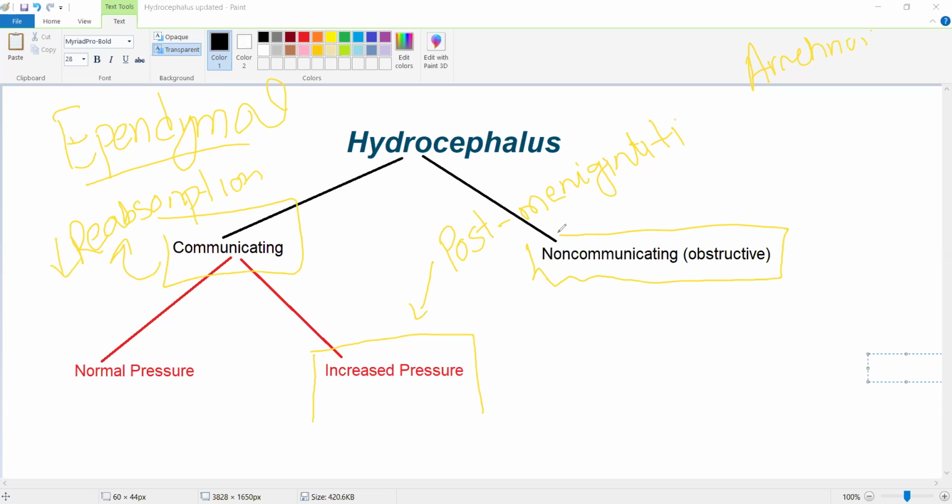What is the meaning of hydrocephalus? Hydrocephalus means increased CSF volume due to multiple causes, and this increased CSF volume leads to ventricle dilation.